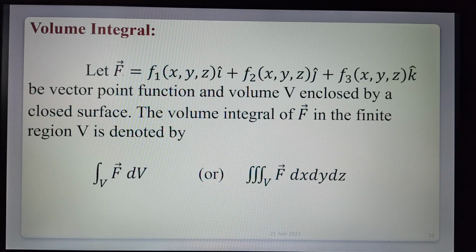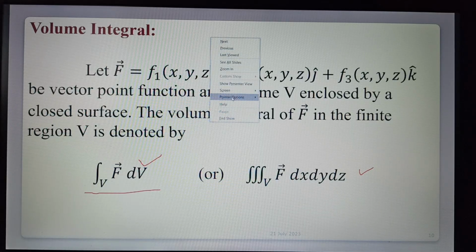Then the volume integral of f bar in the finite region v is denoted by the integration over v of f bar dv, where dv is the volume element dx dy dz. So that is a triple integration over v of f bar dx dy dz. This is called the volume integral over v of the given vector function f bar. This is the simple definition of the volume integral.